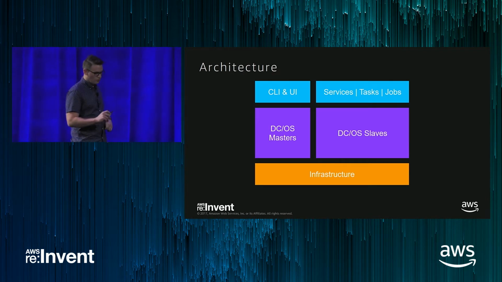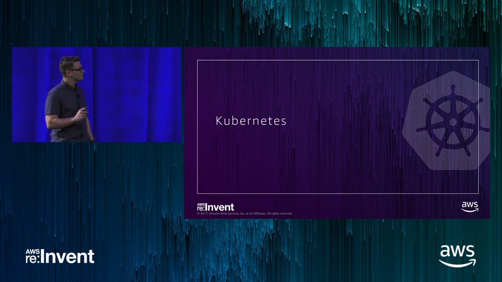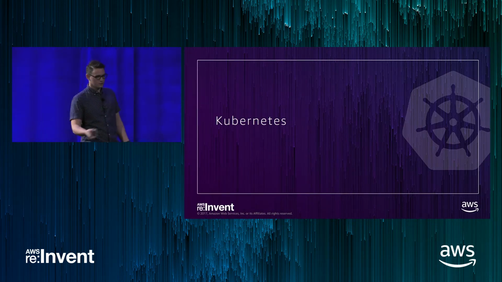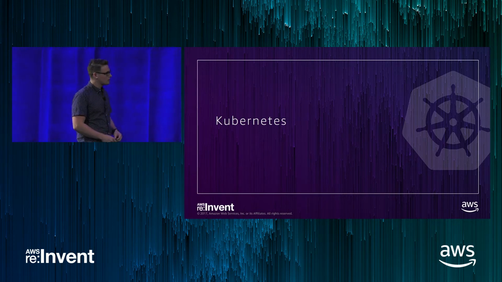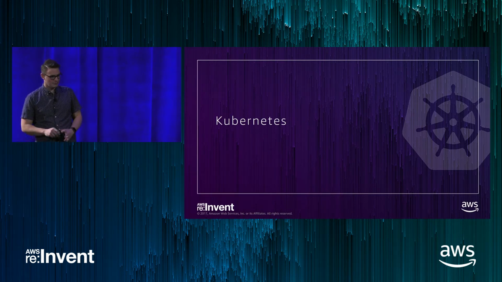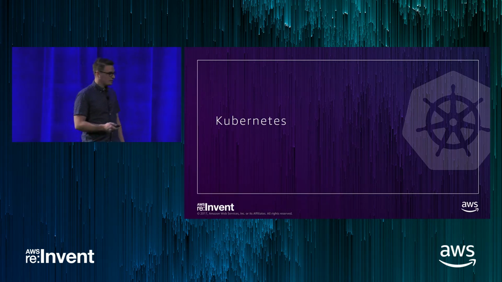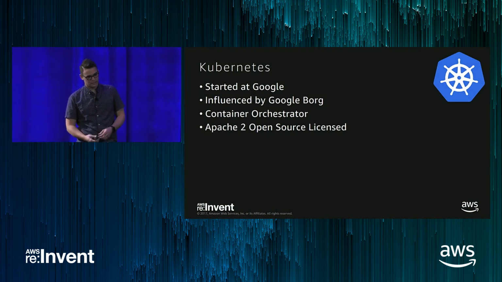So to move on, we also have Kubernetes. Some of you, as you already put up your hands, are already working with it. Kubernetes is kind of like the hot kid on the block these days. Everybody's really interested in it. So a little bit of background if you're not familiar with it. It was actually started at Google, and it was influenced by the Borg team.